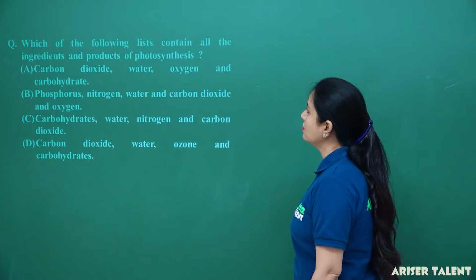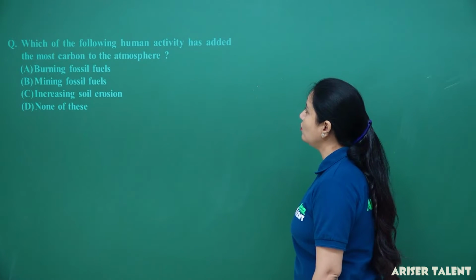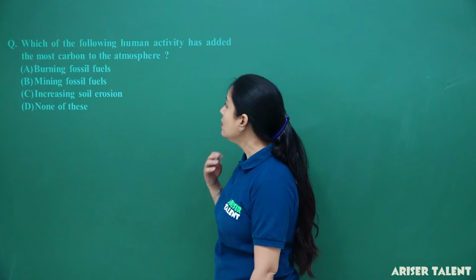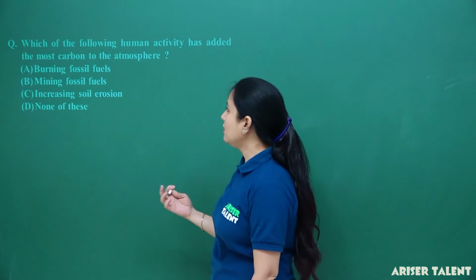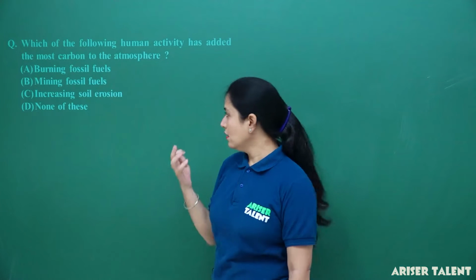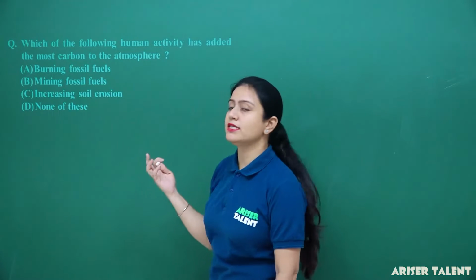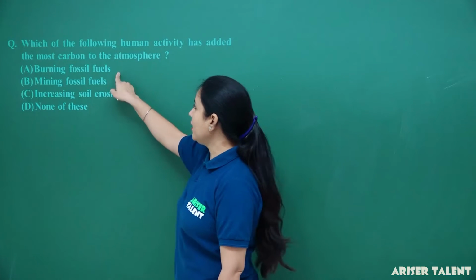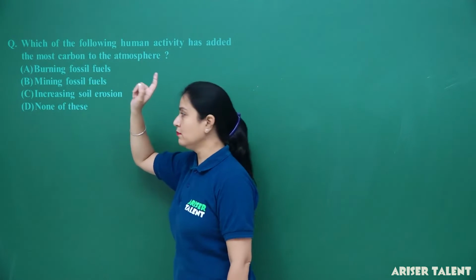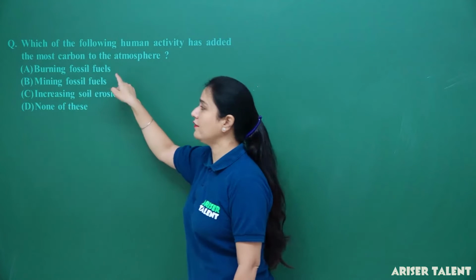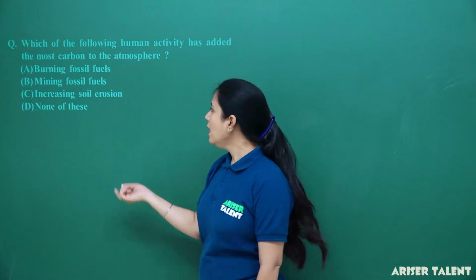Next is, which of the following human activities has added the most carbon to the atmosphere? We have already studied how the most carbon is added into the atmosphere. Burning of fossil fuel, if we burn the fossil fuel, definitely it will release most of the carbon in the atmosphere.